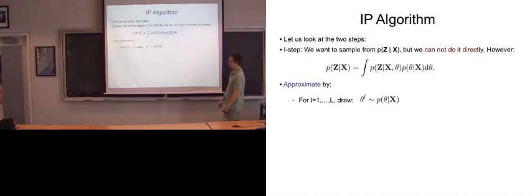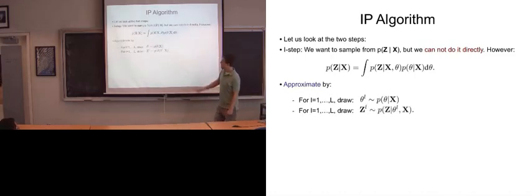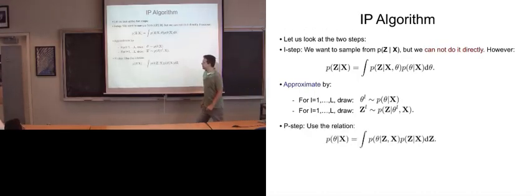What you can do is approximate it by drawing samples from the posterior of the parameters and then drawing latent variables given the sample from the posterior. A lot of Monte Carlo techniques work in the same sort of spirit, where you draw multiple quantities sequentially. We're making an assumption that you can draw the latent variables given the parameters.